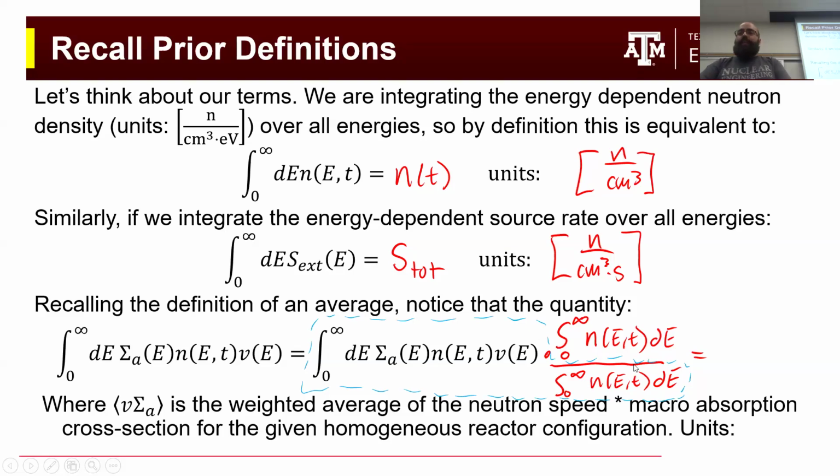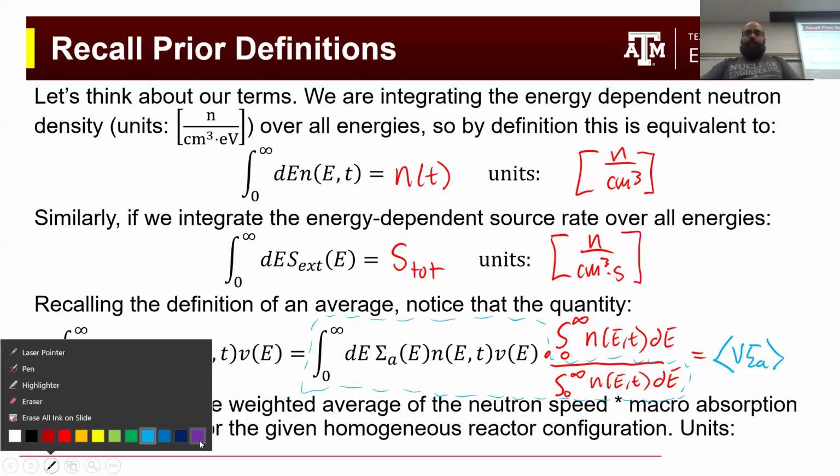So if I look at those two together, that looks like I'm doing a weighted average of the absorption cross section times the speed, where it's weighted to the energy dependent neutron density. So that term right there in the blue dashed line, by definition, is going to be the average of my speed times my absorption cross section for this reactor. That's what's in the blue.